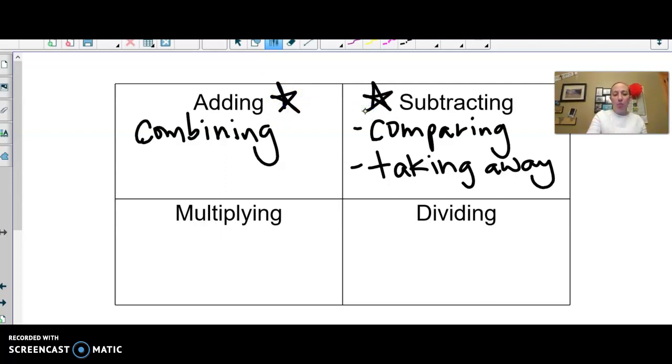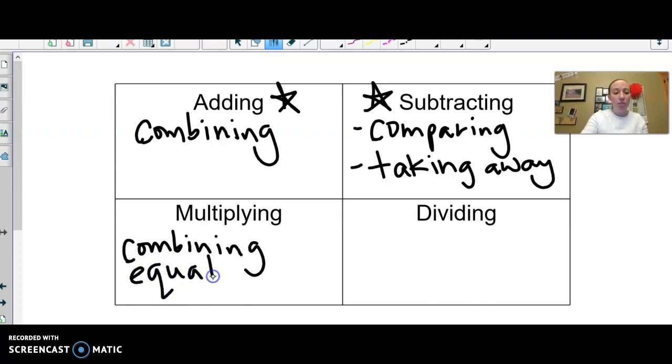I wanted to add multiplying and dividing just as a review, but you won't actually see them on problems today since we're just talking about adding and subtracting fractions. It's a good clue on tests in 5th grade that you won't see problems where you have to multiply or divide fractions. So multiplying is we're combining, but we're combining equal groups, right?